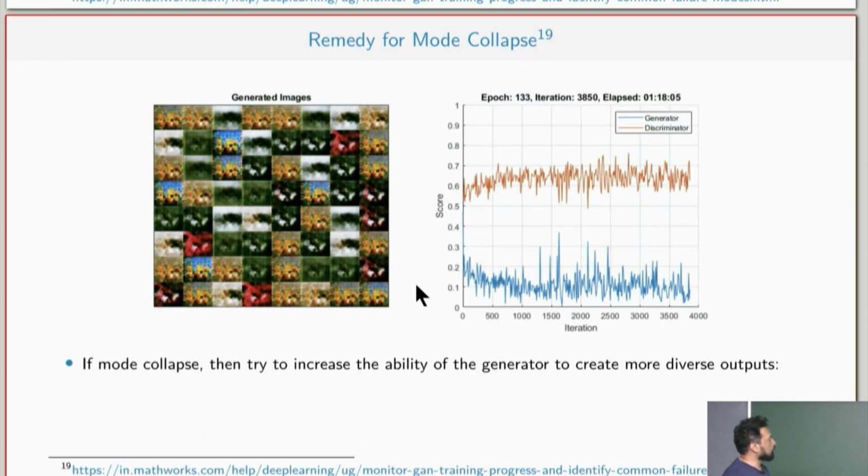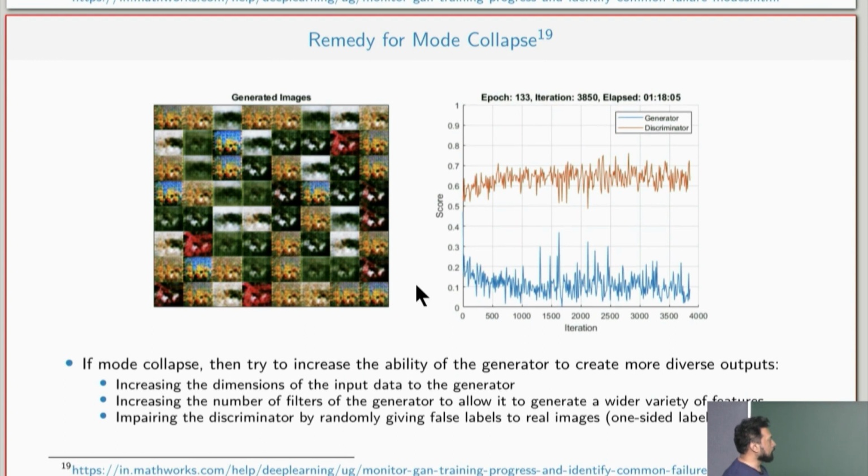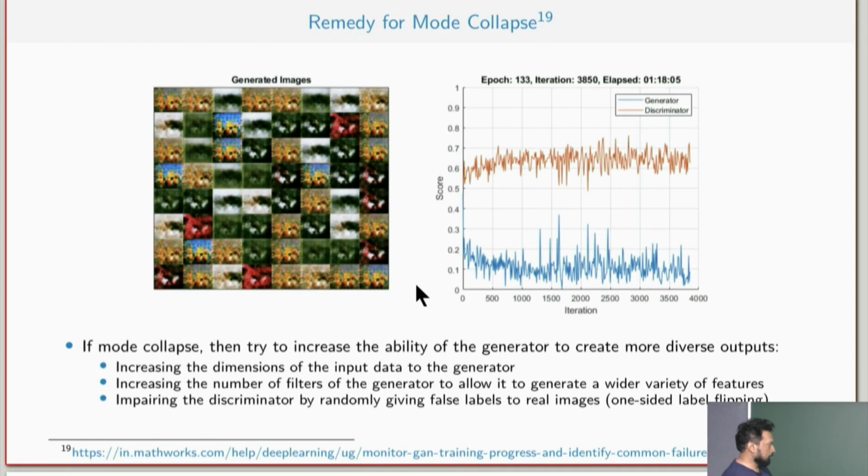Yeah, so the remedy for mode collapse is very similar to what we discussed, because this is not a separate issue. This belongs to one of those cases like the generator dominating. So again you may do the similar thing and make the generator more powerful, because mode collapse is happening perhaps because the generator is not powerful enough to learn too many interesting features.